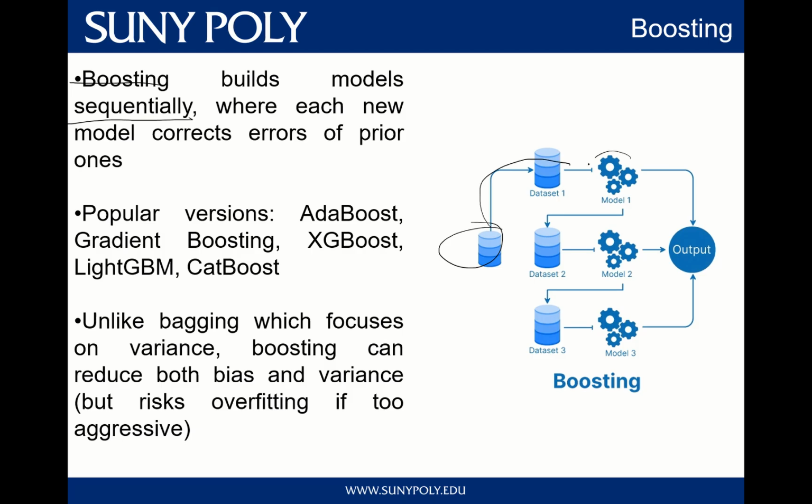So we train our first model, as you would train any other model. And then the boosting idea means that you're going to keep improving that model. So the next model, model 2, is going to be based on the errors from model 1. Once you train model 2, then for model 3, you will try to improve the errors from the previous model. So it's sequential. There's a sequence here, and we're trying to improve the performance.